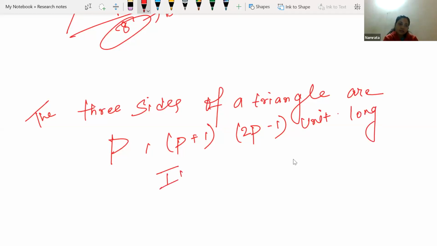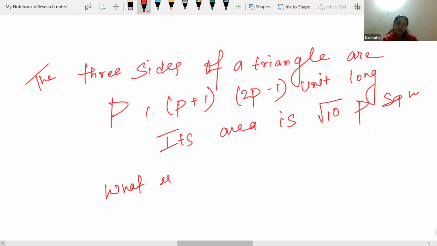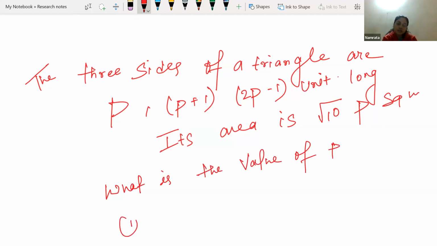Its area is under root 10P square unit. Options are there.